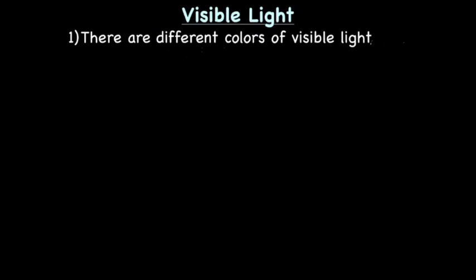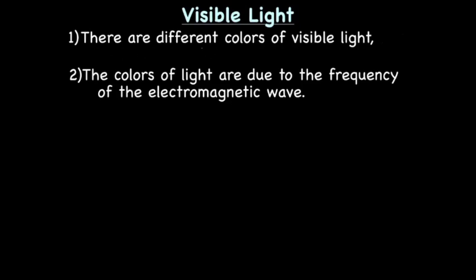All right, the visible light portion of the electromagnetic spectrum. There are different colors of visible light, which hopefully you already know. The colors of light are due to the frequency of the electromagnetic wave. Remember again, frequency, low frequency, high frequency.